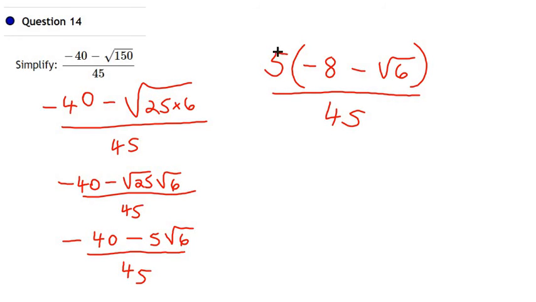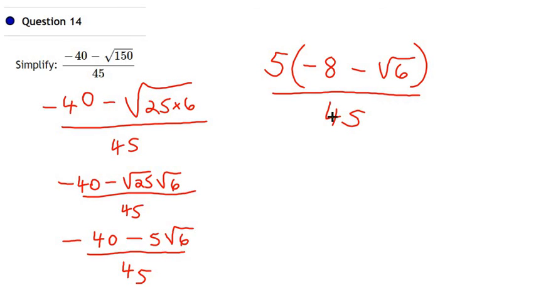Now that I see that there's a factor of 5 on top and a factor of negative 8 minus the square root of 6, which probably doesn't occur on the bottom, I know that I'm trying to cancel out this monomial factor of 5 with any monomial factor of 5 in the number 45. And it turns out there is a factor of 5 in 45, because 45 is 5 times 9.